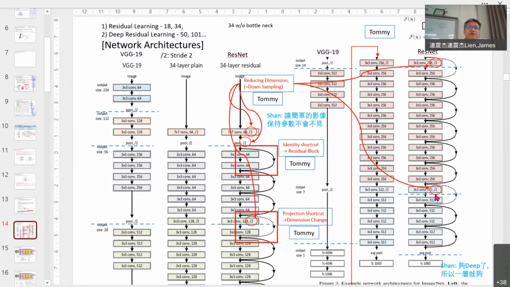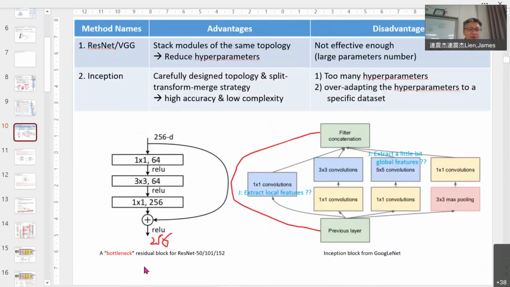Okay. So ResNet before 51, they don't have a bottleneck. So bottleneck starts at 51. After ResNet 51, they have a bottleneck. Before 51, they don't have a bottleneck.